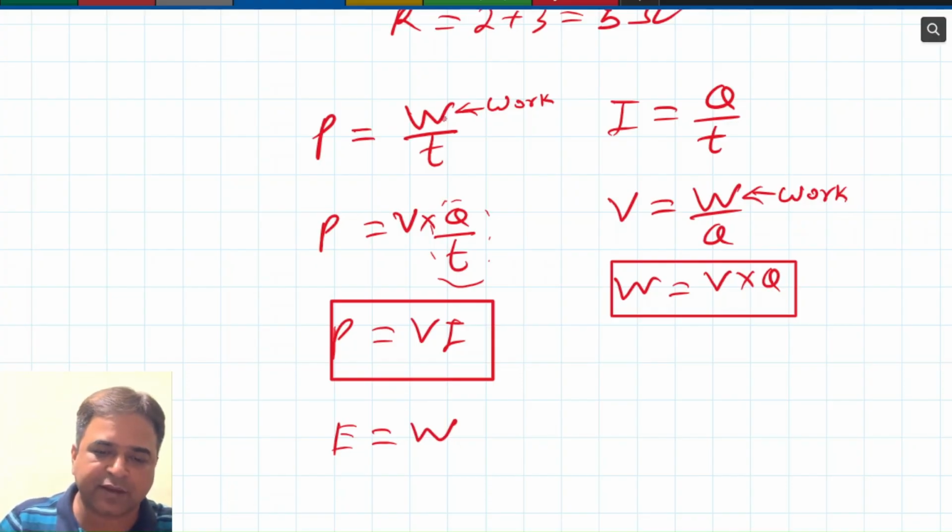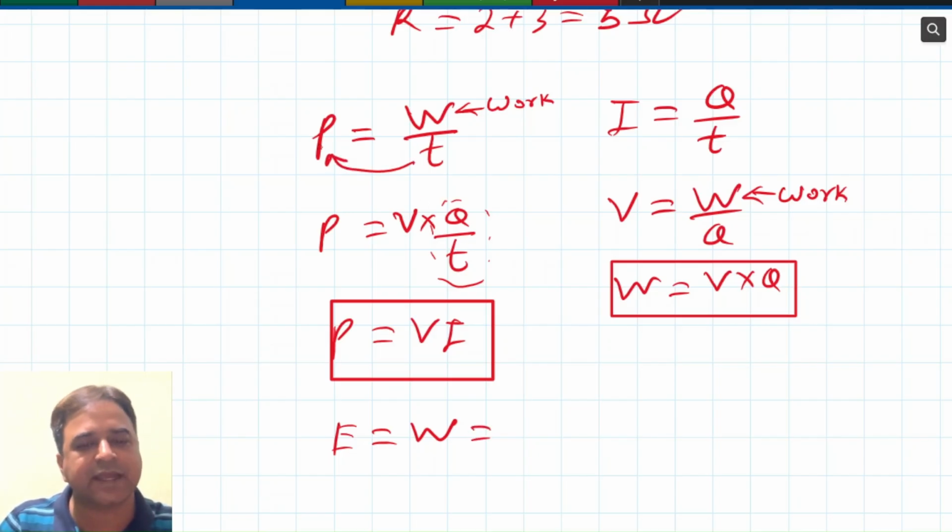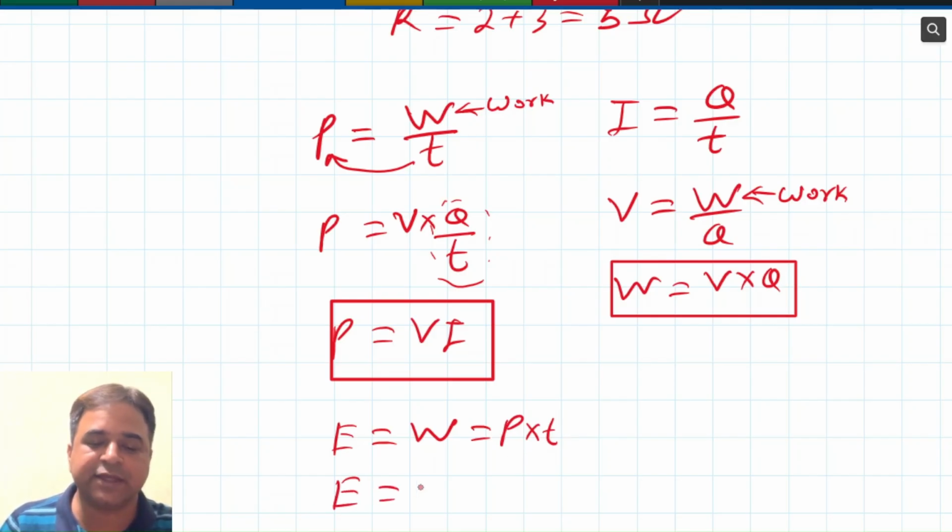And we know power is equal to work upon time. If you substitute work over here, time will go to the other side and multiply with power. So work or energy is equal to power into time. A better way, we can write E is equal to power into time.